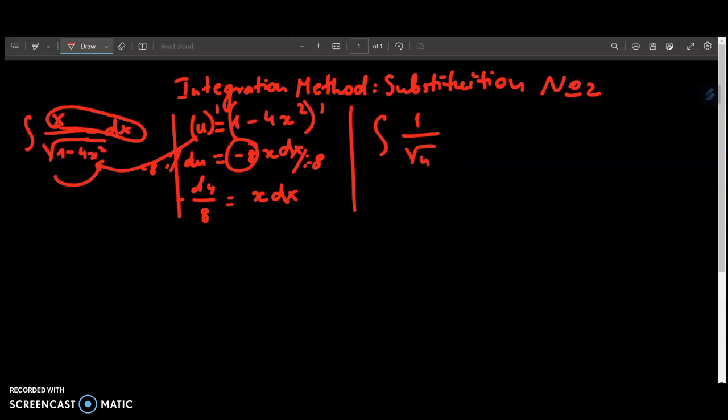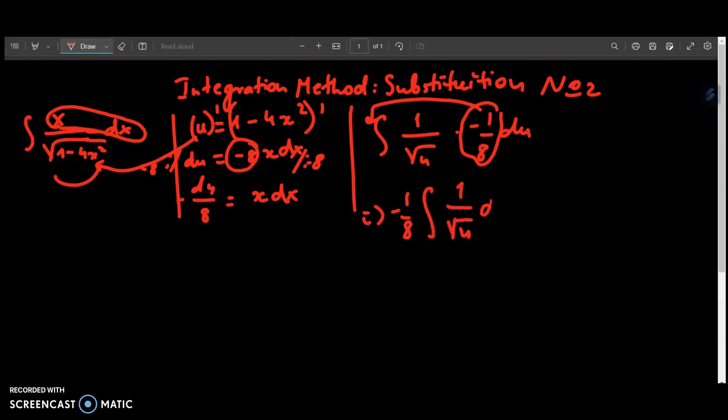And the x dx we can write as du over minus 8. In this part we can take the minus 1 over 8 out of the bracket and out of the integration sign. So it's going to be minus 1 over 8 times the integral of 1 over the square root of u du.